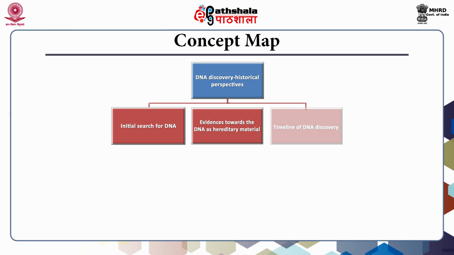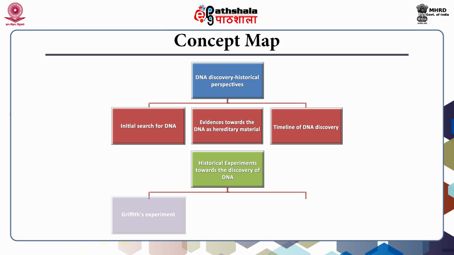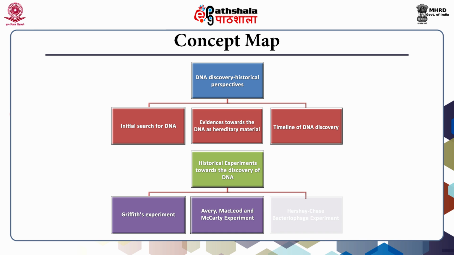Finally, we will have a look at the timelines of the events that led to the discovery of nucleic acids and further genetic research in the years ahead. In this context, we will see certain experiments like the Griffith experiment, Avery MacLeod's experiment and the Hershey-Chase experiment, which were the key experiments to prove DNA as the genetic material.